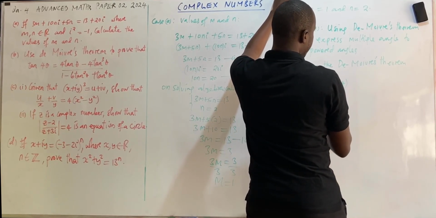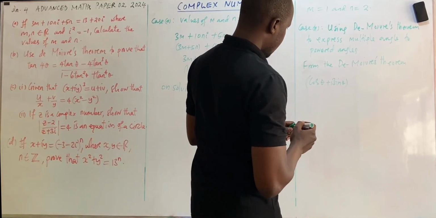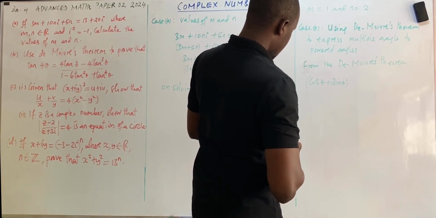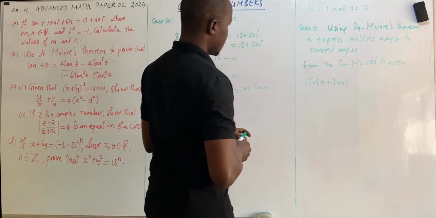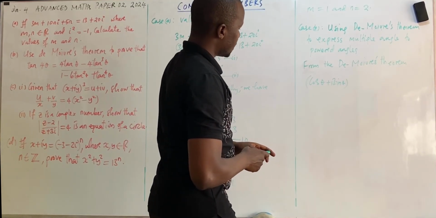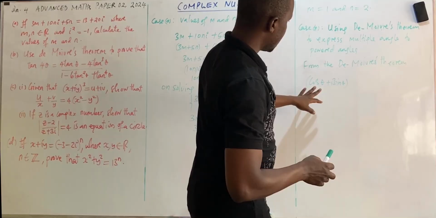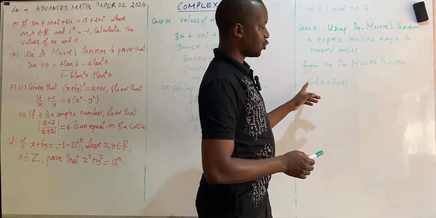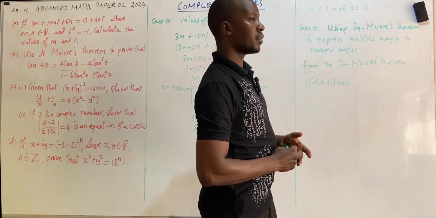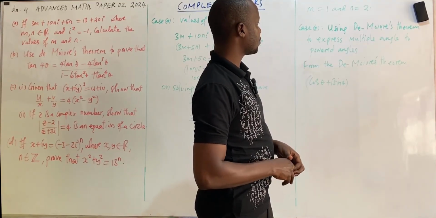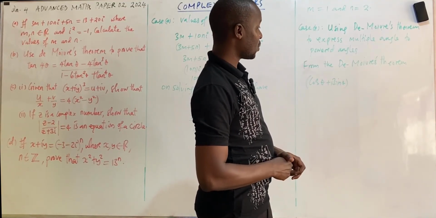This is a complex number in polar form. That you can see the angle and the radius. But here we just assume the value of r, or the magnitude, or the modulus is 1 unit.